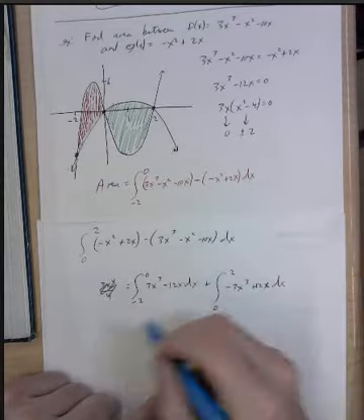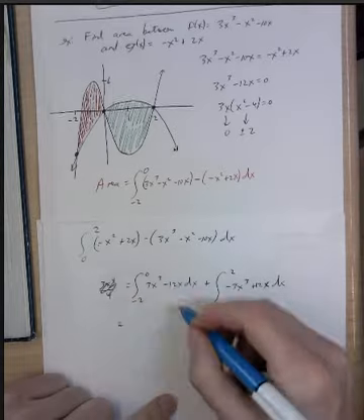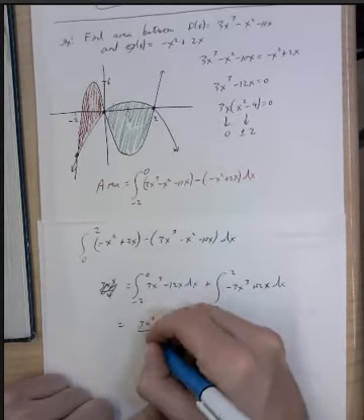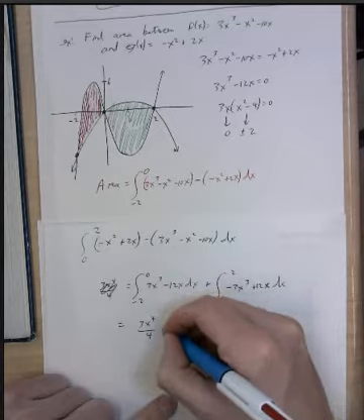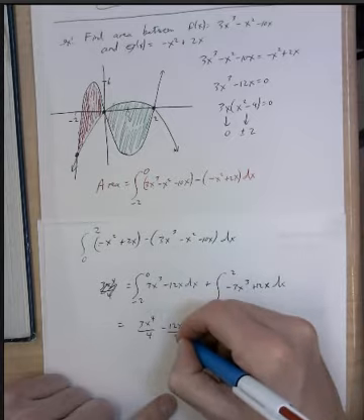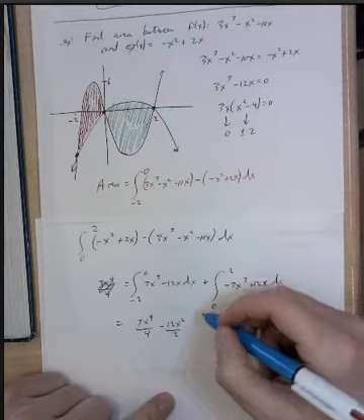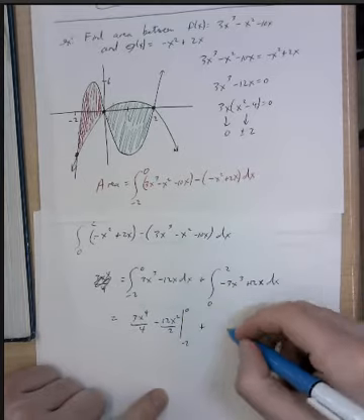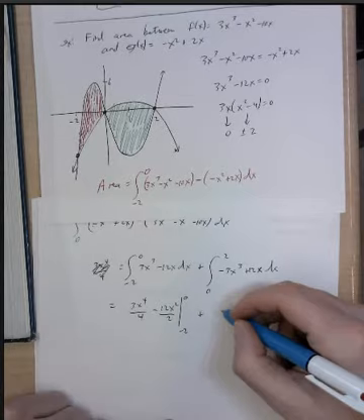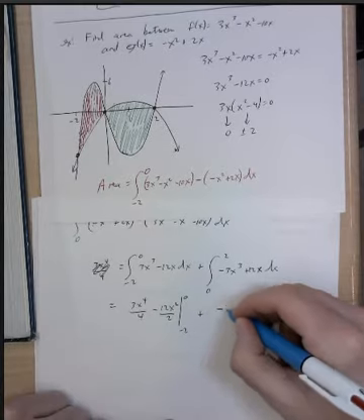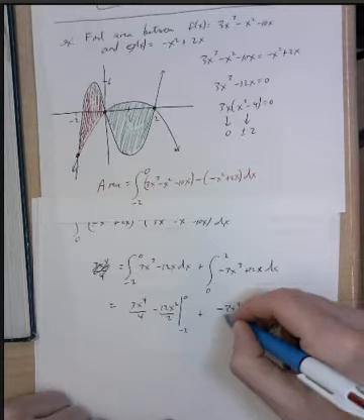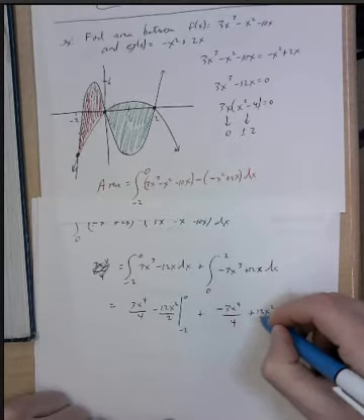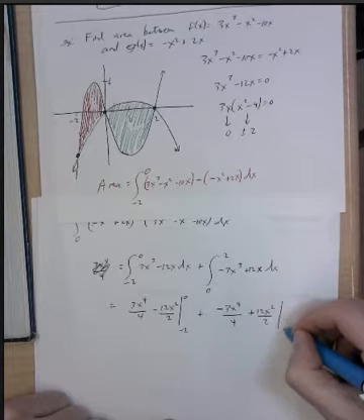Okay, so let's integrate now then. So we have 3x to the 4th over 4 minus 12x squared over 2 on -2 to 0, plus negative 3x to the 4th over 4 plus 12x squared over 2 from 0 to 2.